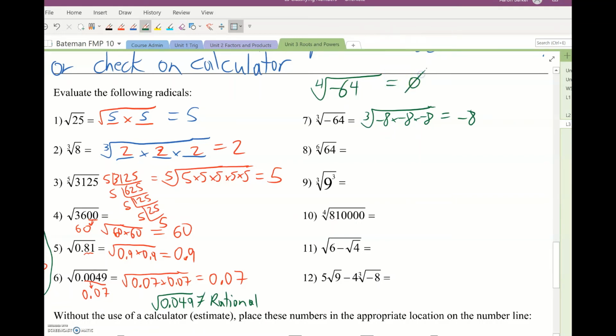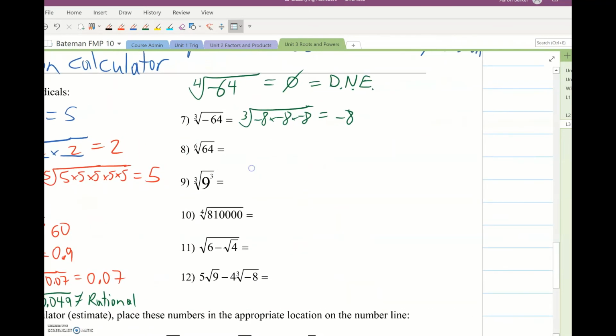Null set, or does not exist, DNE, because there are no four negative numbers multiplying together to equal a negative. Sorry, four numbers multiplied together to equal a negative. It would equal a positive. So it can't happen, it can't exist.